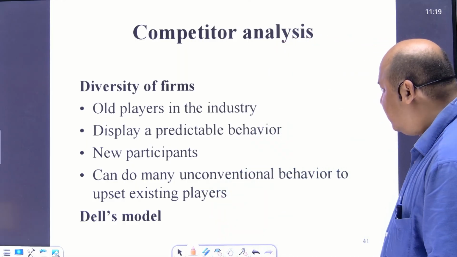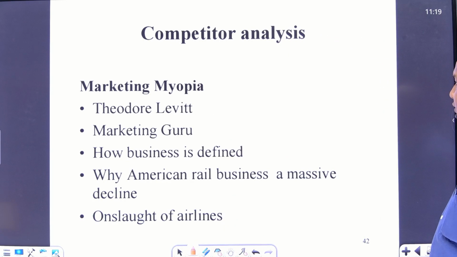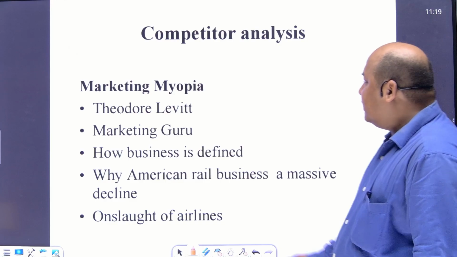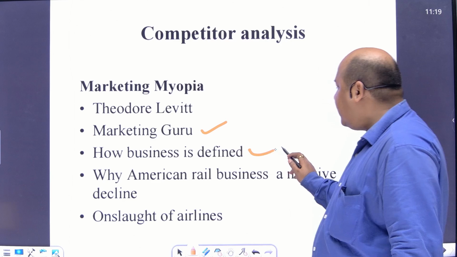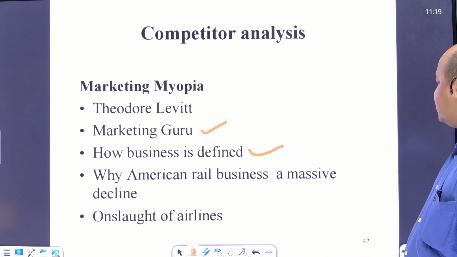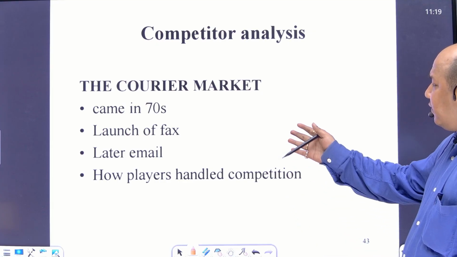Dell's model: you can just go and Google the Dell model. Now, marketing myopia, this is from the marketing guru: how is the business defined? Why did the American rail business see a massive decline? The onslaught of airlines. The courier market came in the 70s, with the launch of fax, letter and email.